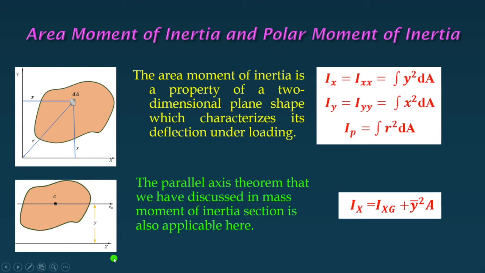If another axis x is at a distance of y bar from this axis, and we know the values of IxG and Ix for the same area, the area moment of inertia about the xG axis is IxG, whereas about the x axis it is Ix, the distance between these two parallel axes is y bar, and the total area is A. Then this relation holds good for area moment of inertia also, like mass moment of inertia.